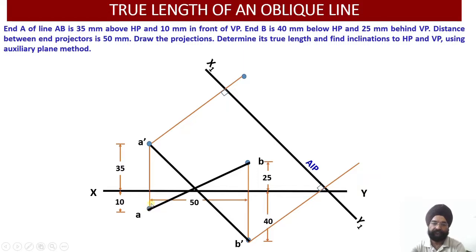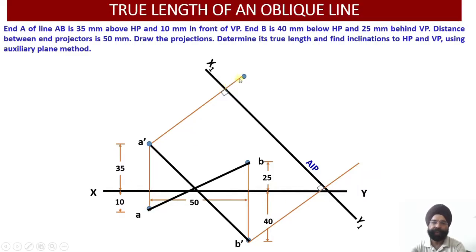So what is this coordinate location? End A lies 10 millimeter in front. In front means it is positive distance. So ahead of the plane. Front of the plane means ahead of the plane. So end A lies 10 millimeter ahead of the XY reference plane.